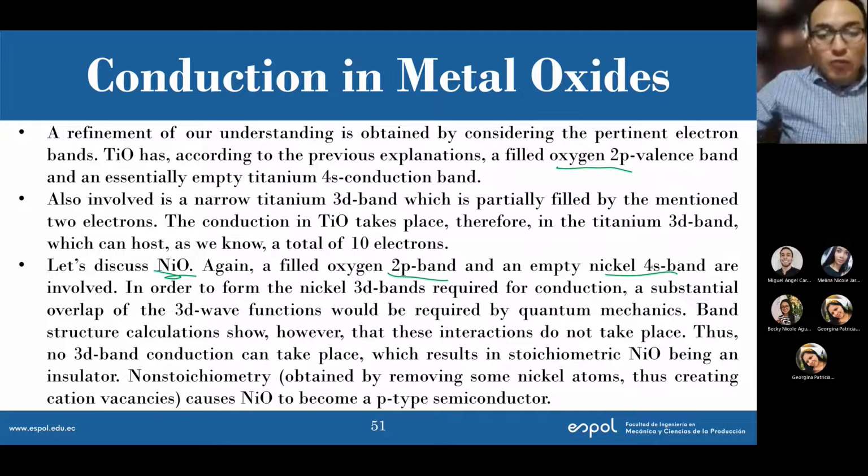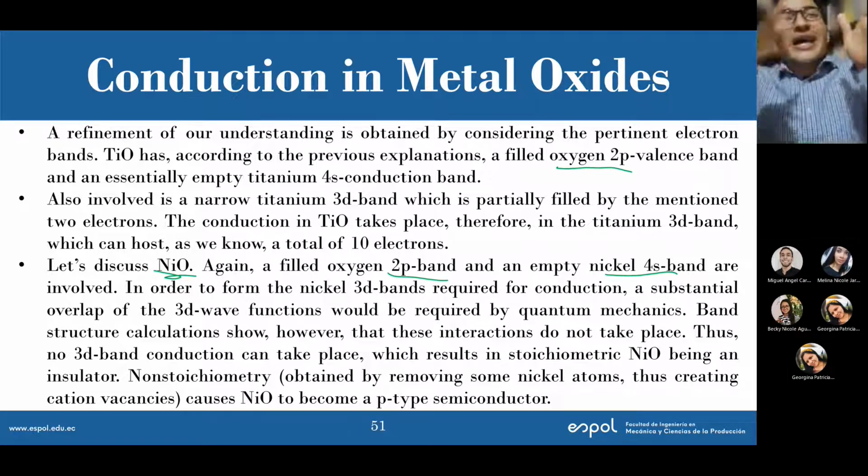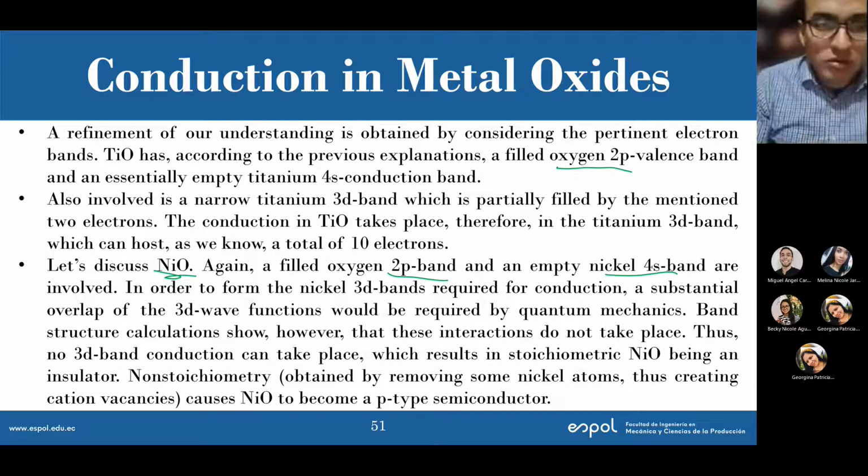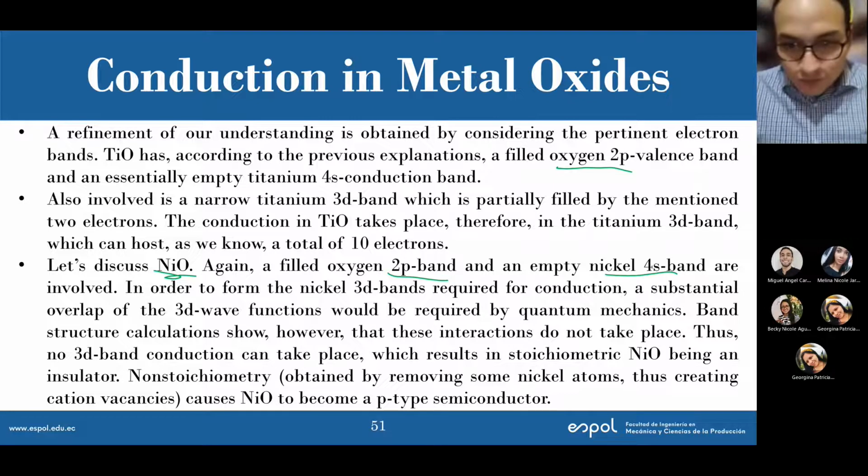Remember that the D level gets filled with 10 electrons. So because I have more than half of that level occupied, there's not really a big interaction between the electrons. And therefore, it actually makes my material an insulator.